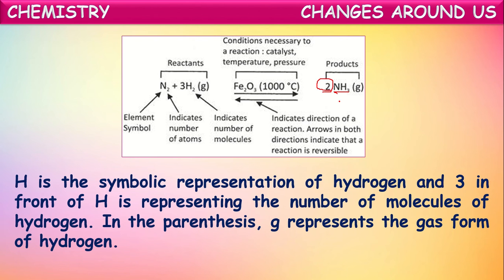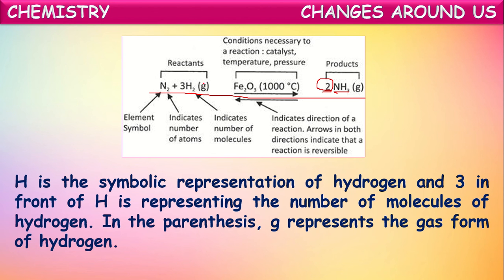This 2 represents 2 molecules of ammonia. So overall we can say in this equation, 1 molecule of nitrogen combining with 3 molecules of hydrogen to form 2 molecules of ammonia. Okay, and here some physical states are also mentioned for these reactants and products.